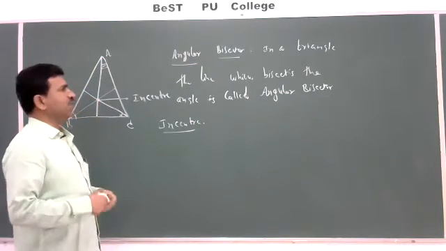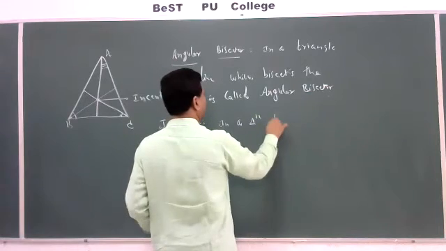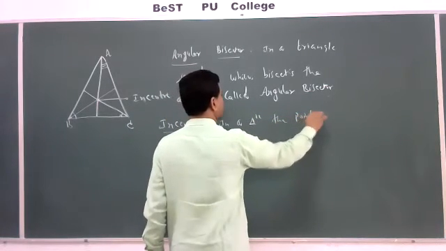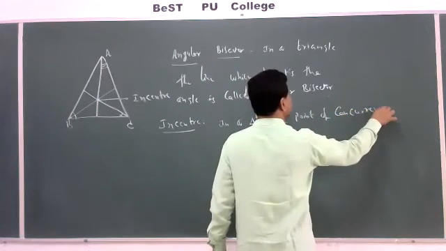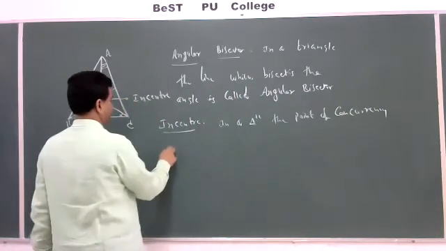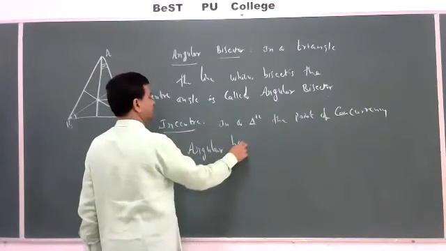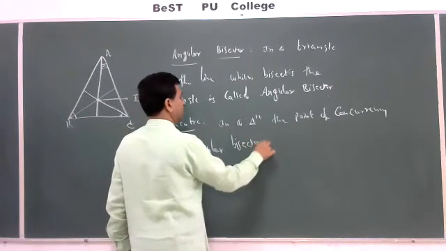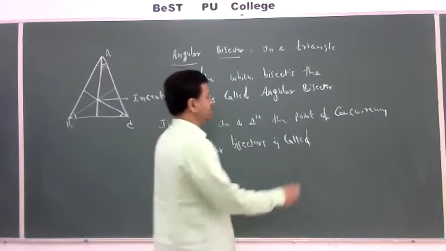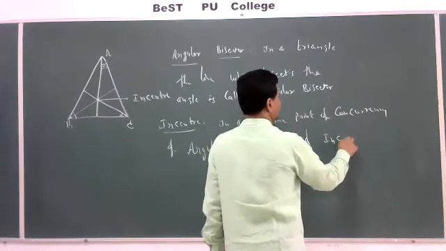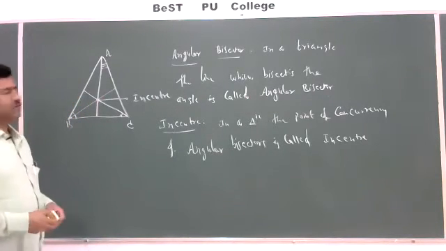In a triangle, the point of concurrency of angular bisectors is called incenter. How to find this incenter?